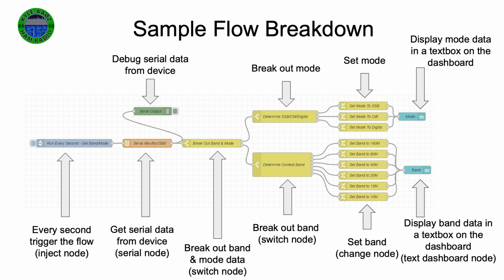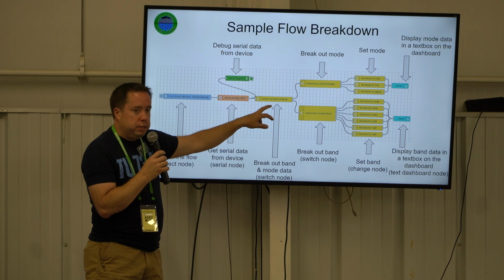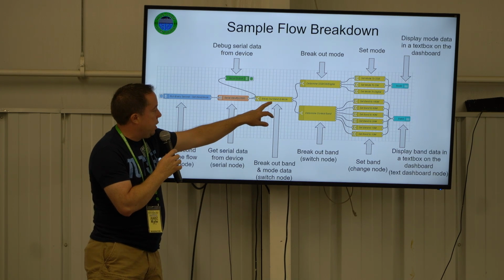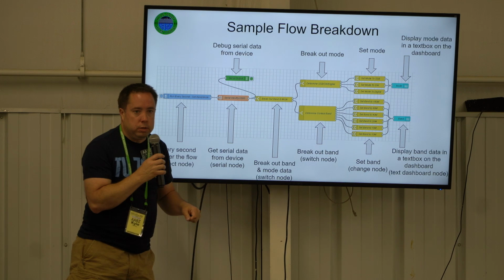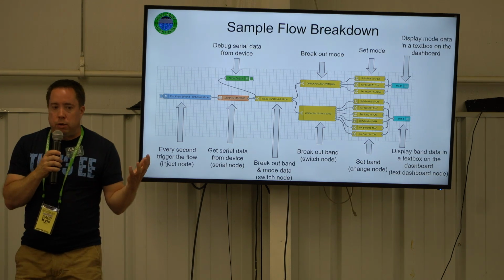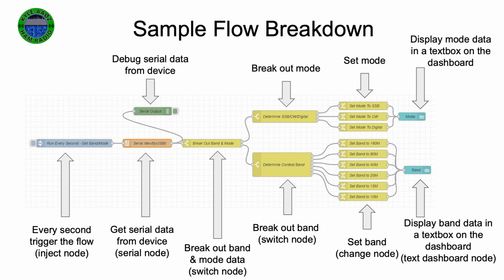So let's say that we've got a radio connected to this. Then out of that serial node is a node that is going to take that serial information, and it's going to break out the band and the mode. So maybe it's going to send 80 meters, and it's going to say CW on it.